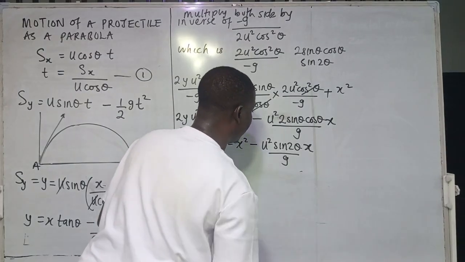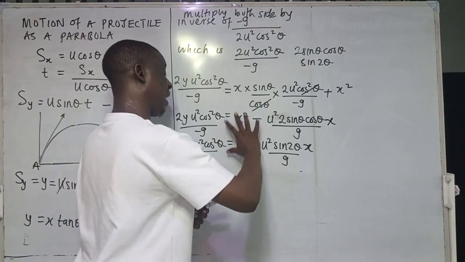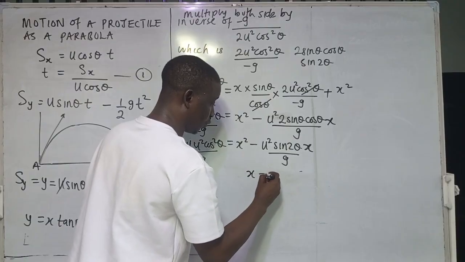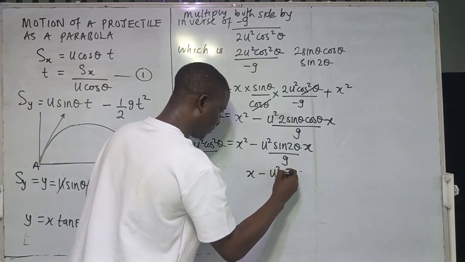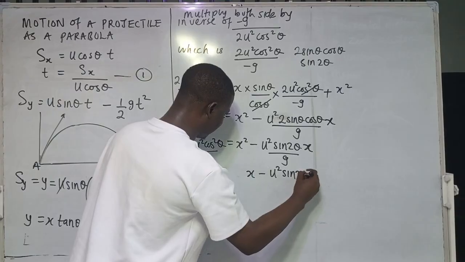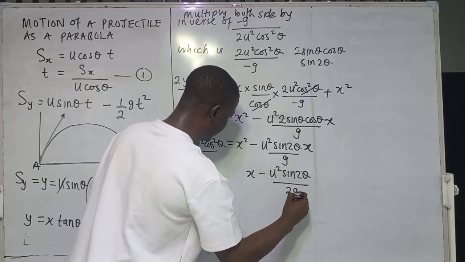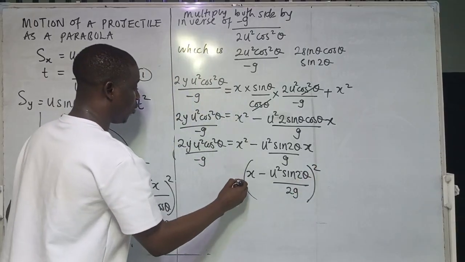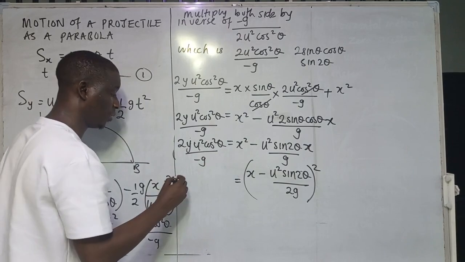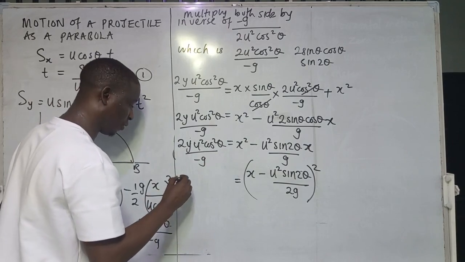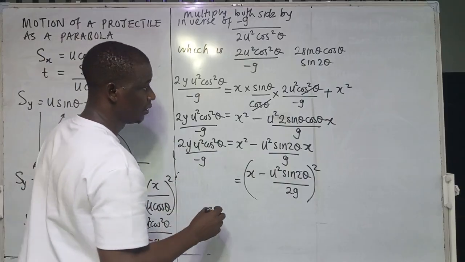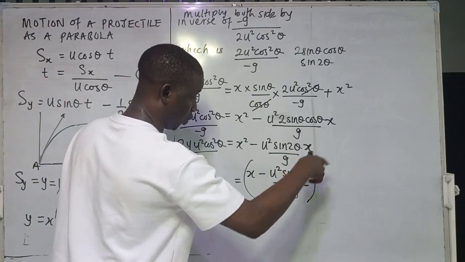So what I'm going to do now is divide this one by 2, square it and add it to both sides. So this will now be s minus u square sine 2 theta over 2g. I will square this one like this, then add it to this other side. Don't forget there is 2 here, which I have turned to that.